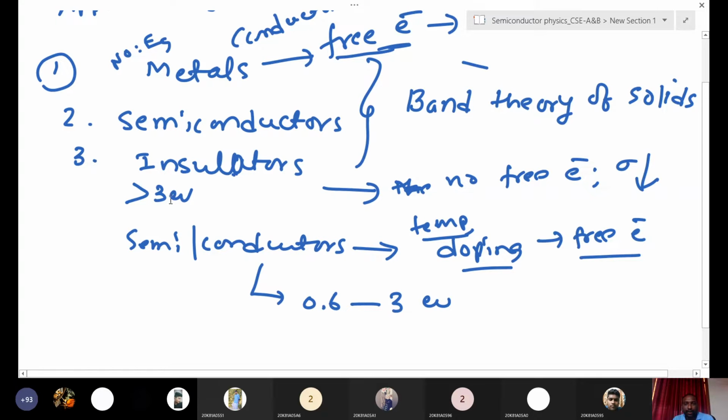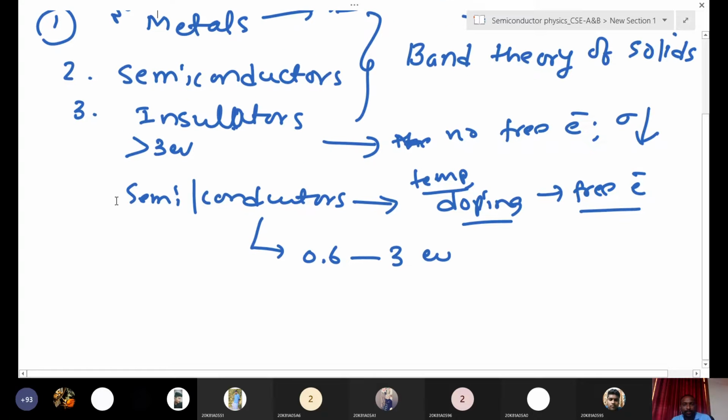Now, what is the band theory actually? Depending on band theory, they are divided into three categories. I will just go through the basics only, because we don't have this topic in the syllabus.